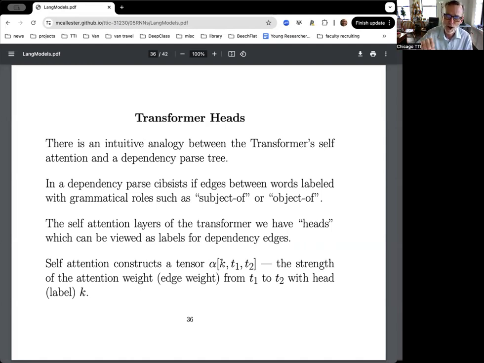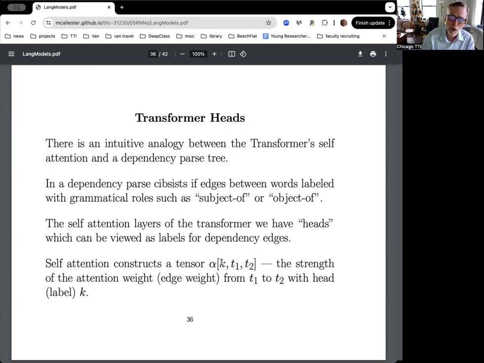There's the verb saw. That verb has a subject, Mary, and an object, John. So I might have a head that at the word saw is trying to find the subject of the verb. And a different head that at the word saw is trying to find the object of the verb.